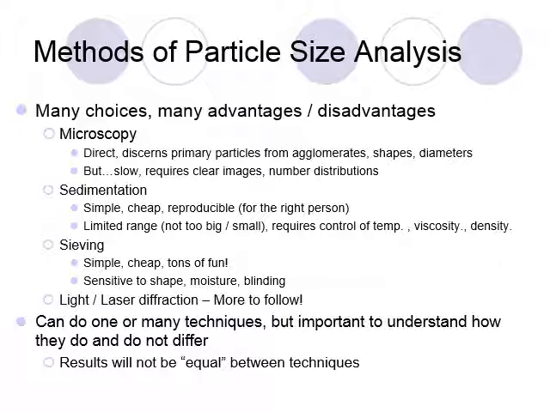One of the really important things about particle size that I want you guys to take out of this lecture is that there are a number of different methods to measure particle size, and there are a number of different ways with which to interpret the data and consider your analysis.